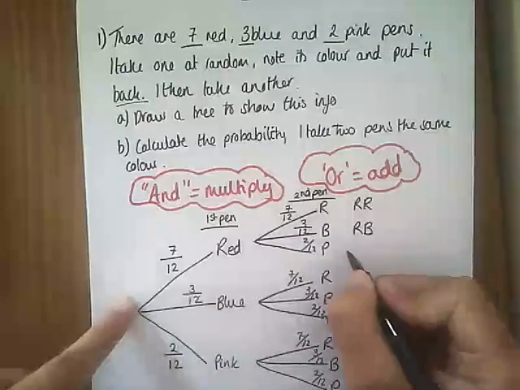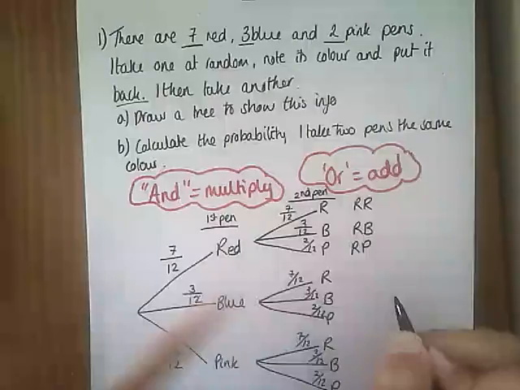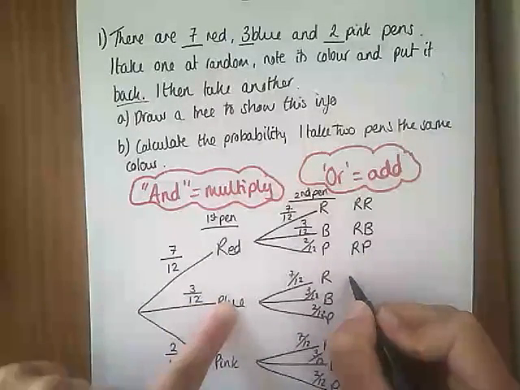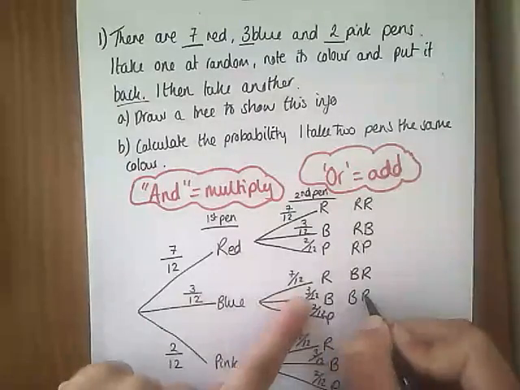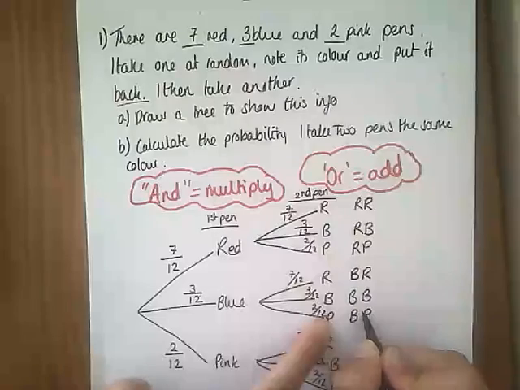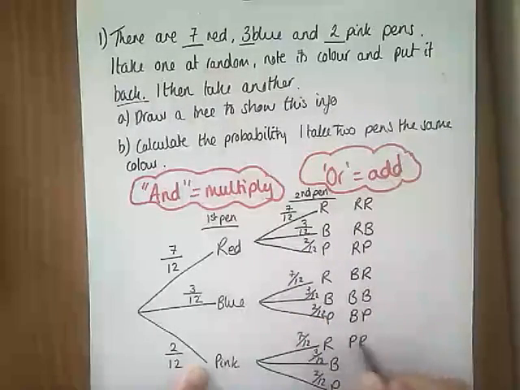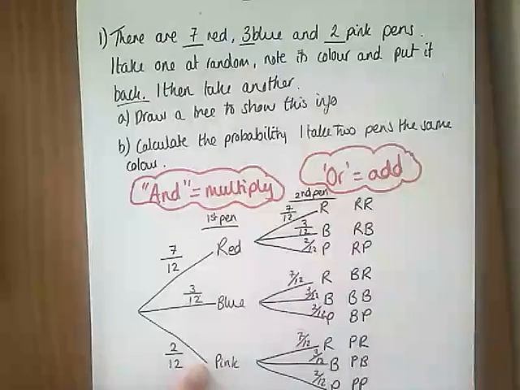If I end here, I've taken a red and a pink. If I end here, I've taken a blue and then a red. Here I have taken a blue and then a blue. I've taken 2 blues. Here I've taken a blue and then the second time I've taken a pink. Hopefully you get the idea with thinking about what has happened each time. And that is our probability tree.